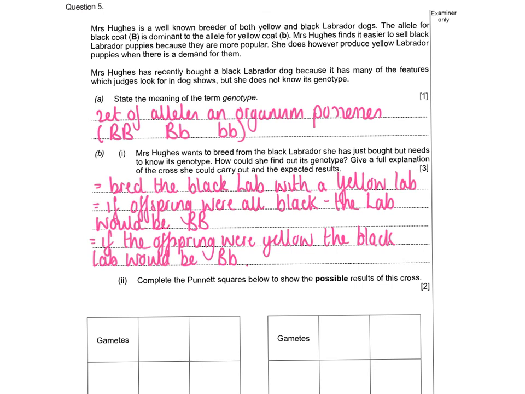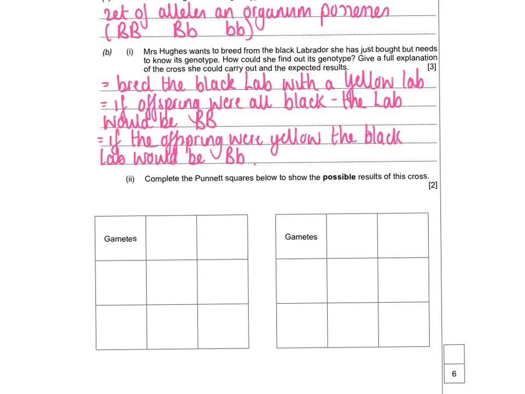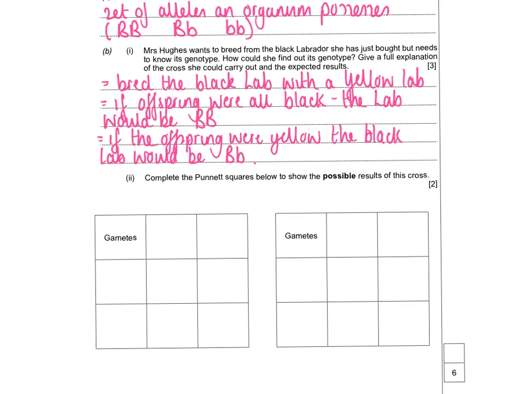And the reason for that is that the recessive allele the lab has can be passed on to give some yellow puppies. So if we look at the 2 combinations, there's our black lab, that's homozygous dominant, mated with our yellow lab. And as we have said, if we breed them together, we are only going to get black puppies. We only get black puppies because it's passing on the dominant allele.